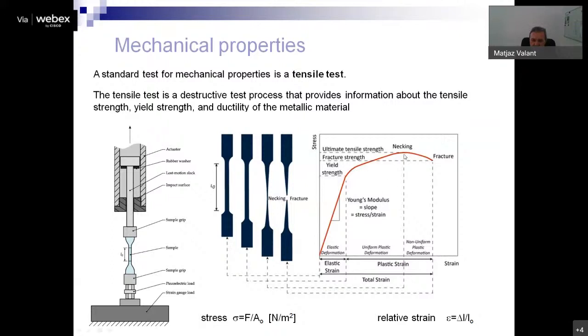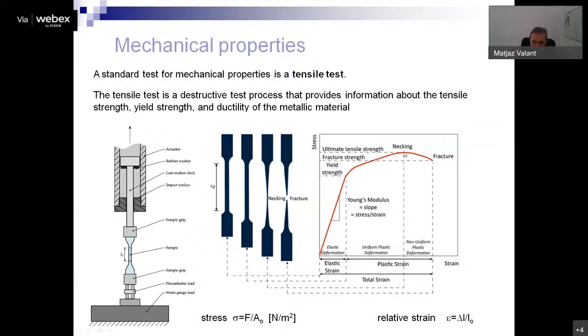So we come to this upper point here. I can also illustrate this with this little cartoon here. You see, this is now elastic strain. Up to this point, we can return the sample back to its original shape. And then at this particular point, this is the plastic deformation.